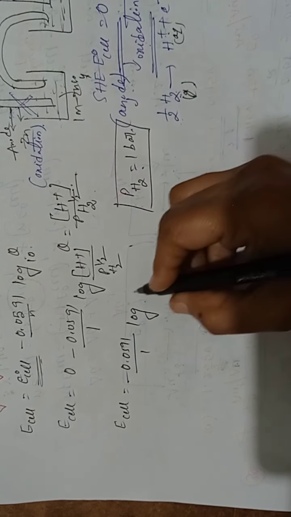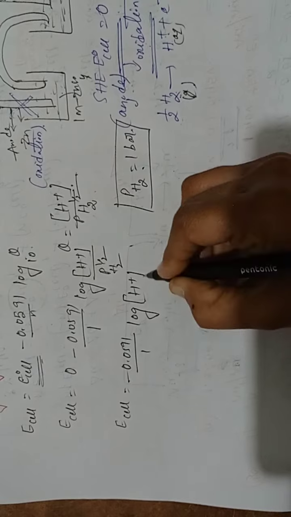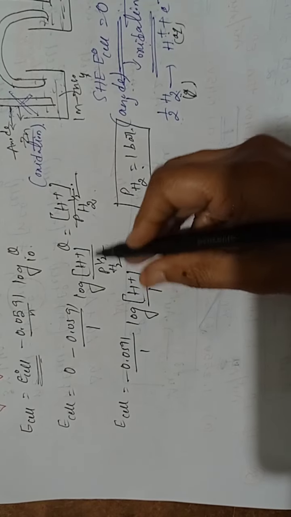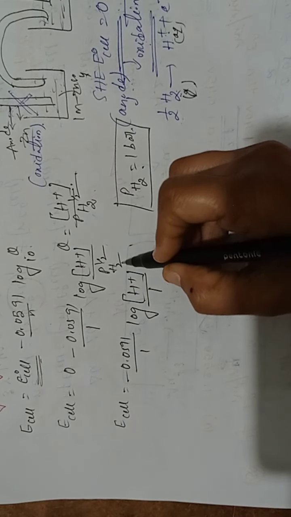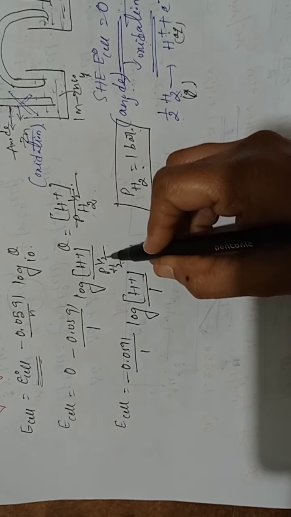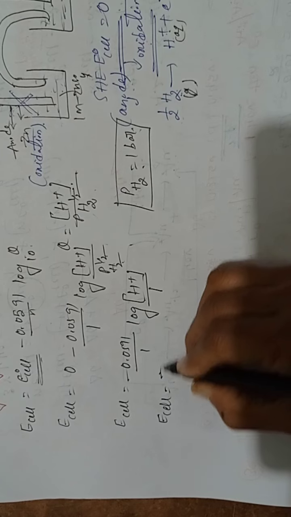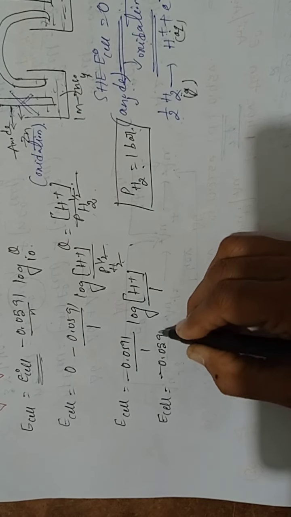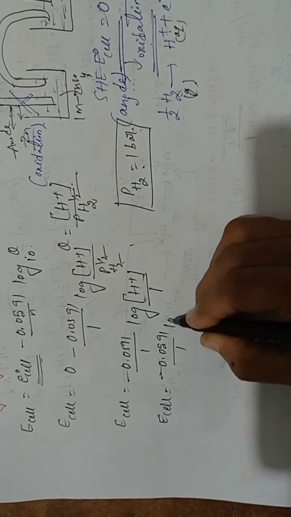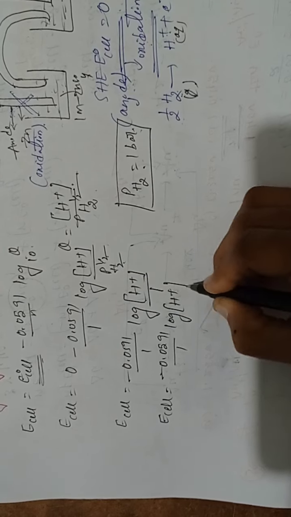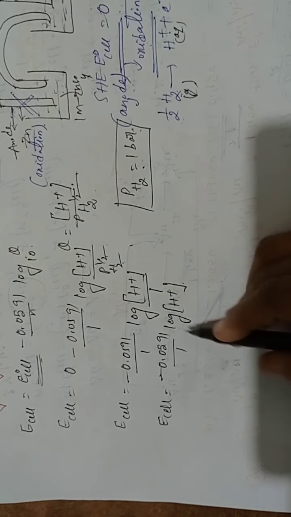Clear? Now substitute the partial pressure of hydrogen as 1 bar. Then what you will get, students? Logarithm of H plus ion concentration by 1. This value is equal to 1, since 1 to the power of 1 by 2 is nothing but 1 only. So E cell is equal to minus 0.0591 by 1 into logarithm of H plus ion concentration. Correct?